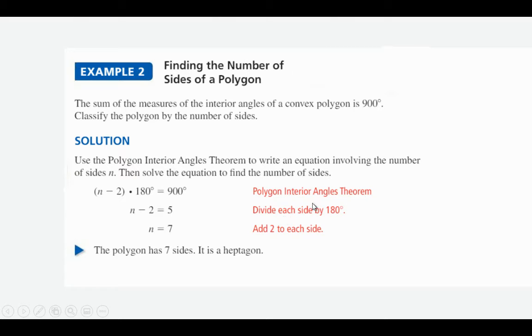The first step is to divide each side by 180. Then the n minus 2 divided by 180 gets rid of the 180. 900 divided by 180 gives us 5, and then we add 2. These two steps are how we do this, so this is something to write down. In this case, the polygon has 7 sides, and this one has a special name called a heptagon.